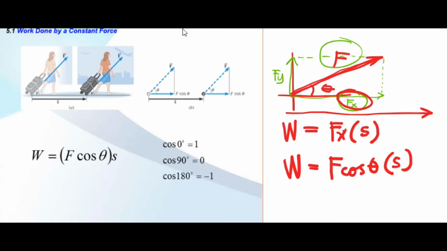Fx is F cosine theta because, using trigonometry, cosine theta is the adjacent side, Fx, over the hypotenuse, F. Therefore, Fx is F cosine theta.